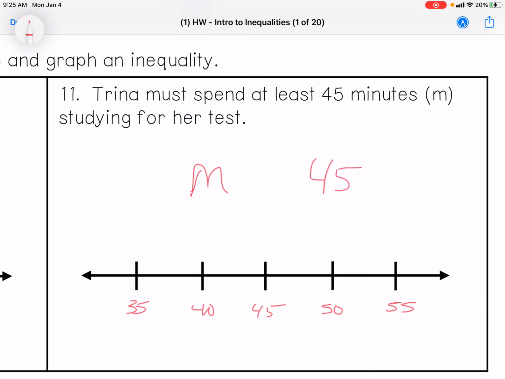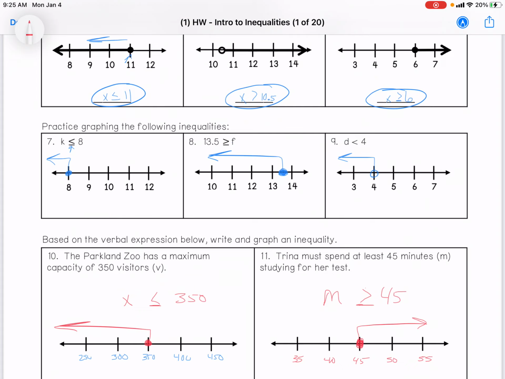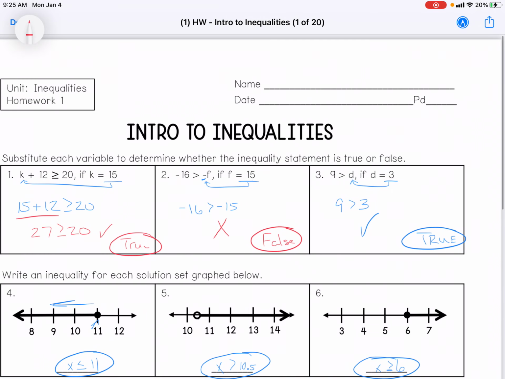So does that mean she could study at bare minimum 45 minutes? Yes. She needs to study at least, so it needs to be 45 or greater. So that's a closed dot on 45. It needs to be greater than. Greater than is to the right. That's it for homework 1, Intro to Inequalities.